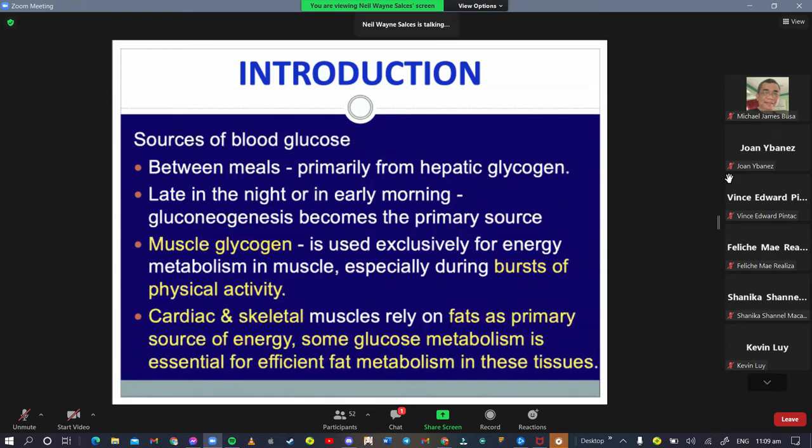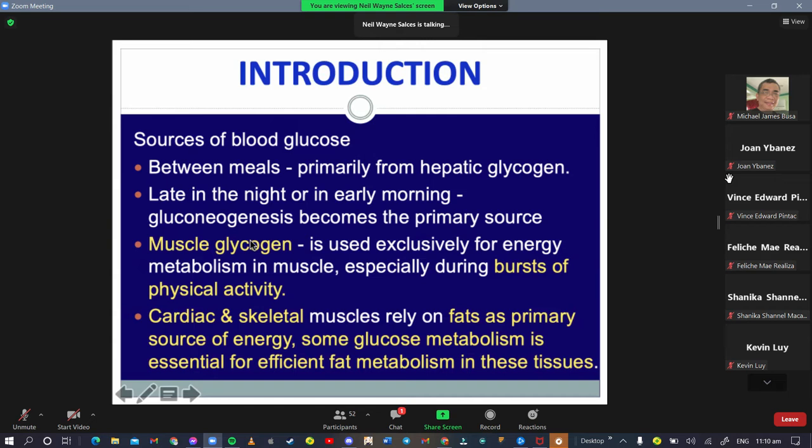So your sources of glucose are basically primarily from hepatic glycogen between meals. So late in the night or early morning, gluconeogenesis becomes the primary source.